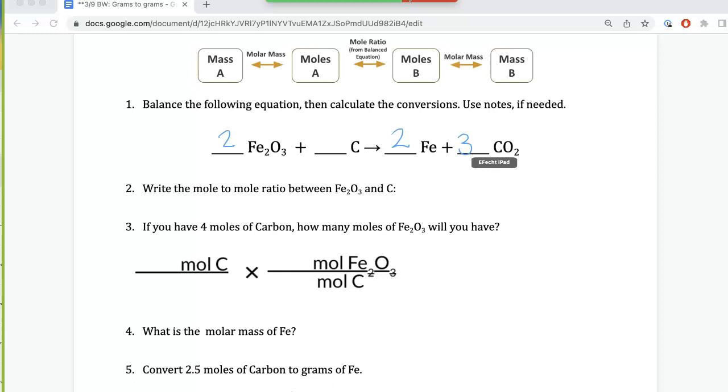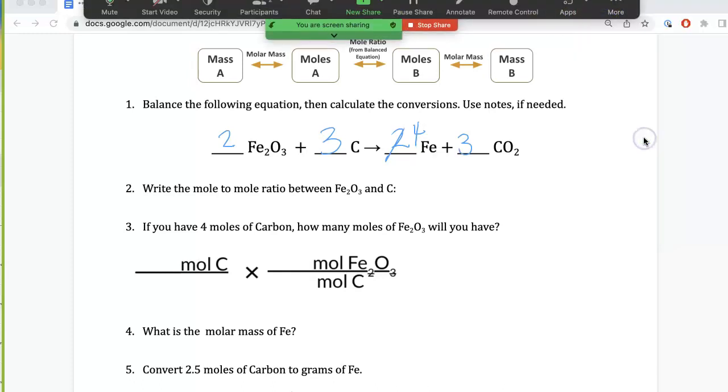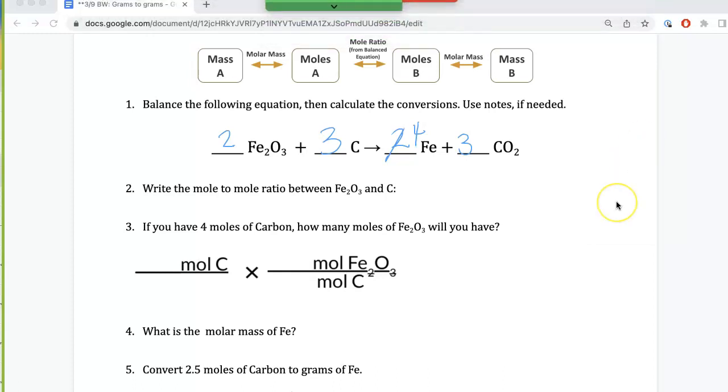So 3 copper, 3 carbons, continue out, and I have 4, 2, 3, and I'm going to turn my annotations off really quick. So that is what my balanced equation should look like.